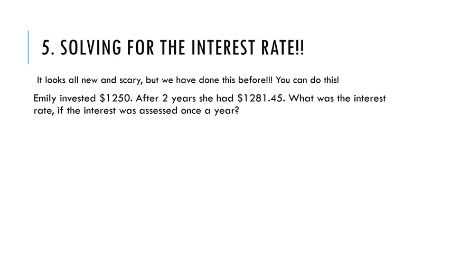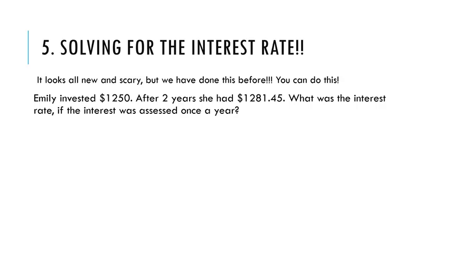Now 1281.45 equals 1250 times 1 plus r over 1 to the 1 times 2. R divided by 1 is what? r. 1 times 2 is what? 2. This is where you're going to need your handy-dandy calculator. First thing you're going to do: this is times. What's the inverse of times? Divide.